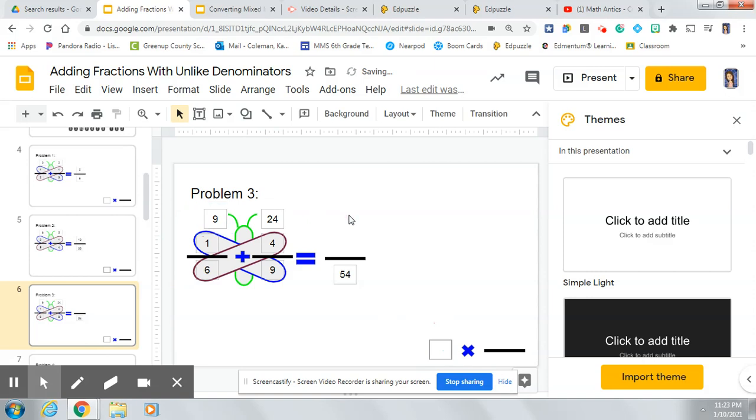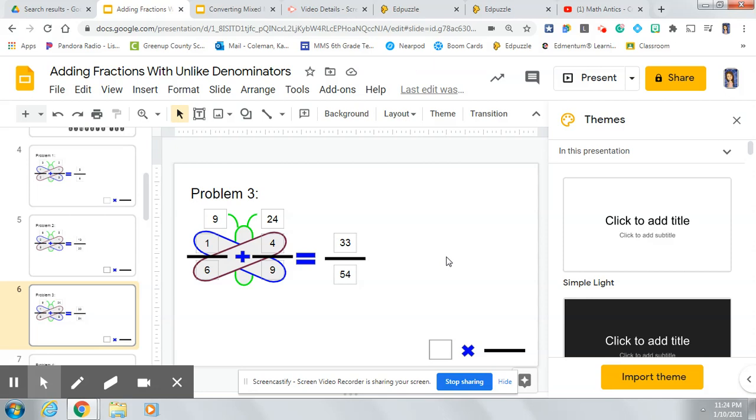And then we have to add 24 plus 9. So 24 plus 9 should be 33. So 33 would be my numerator. And then we have to decide if that is simplified.